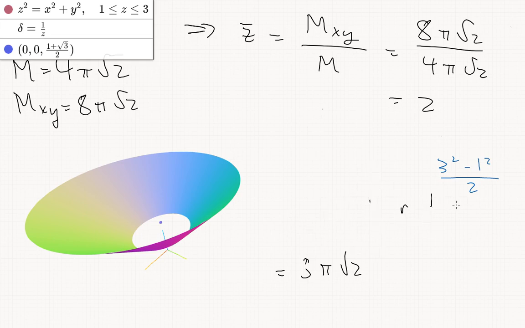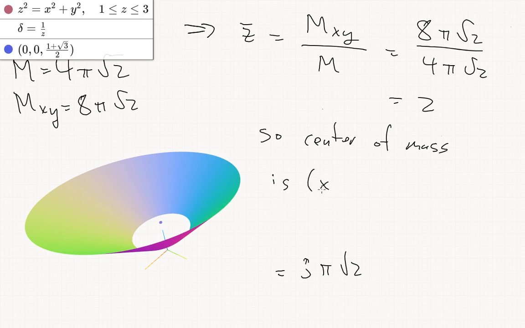So the center of mass is x bar, y bar, z bar is 0, 0, 2, which is the point drawn here.